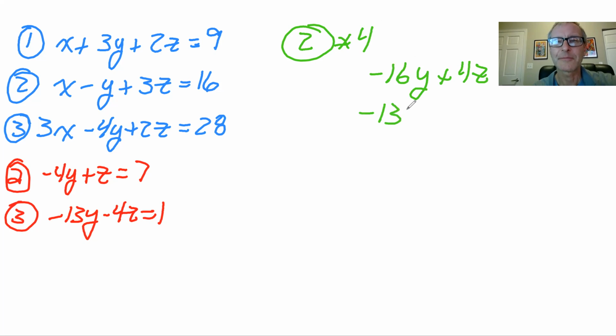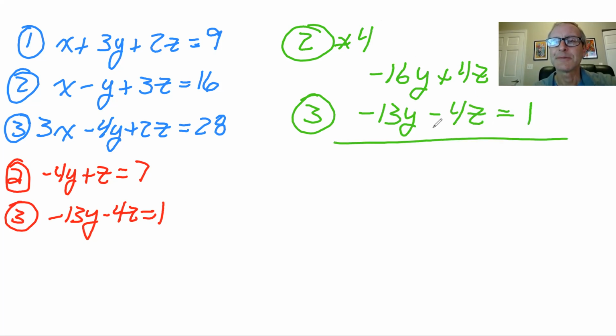And now we have equation 3. We just bring it over and do the addition again as well. If we do that, the z's will cancel, and that was our strategy. And so 1 and 28 is 29. And it looks like we have minus 29y equals.